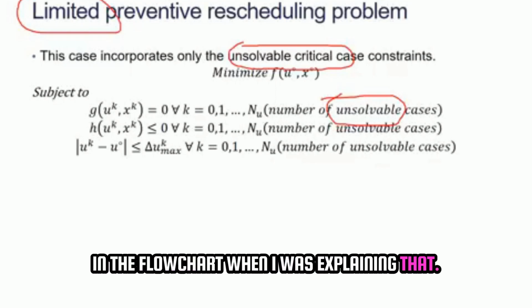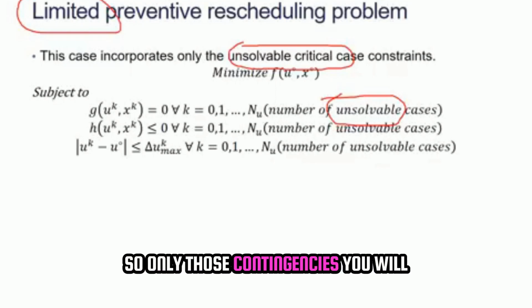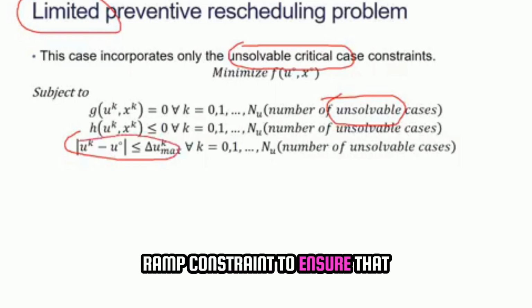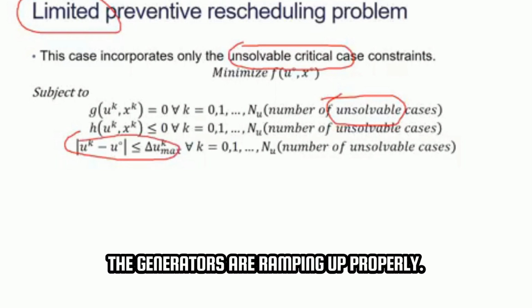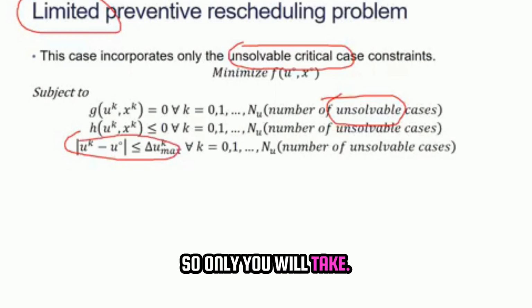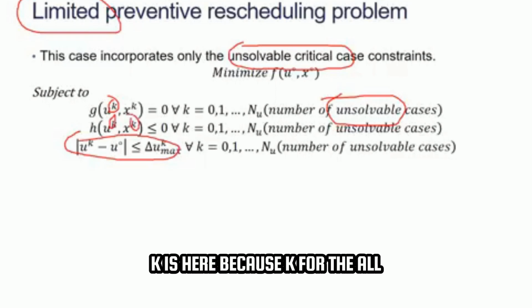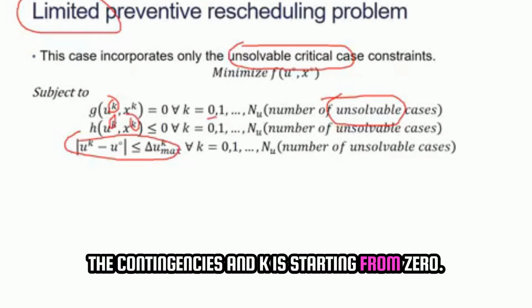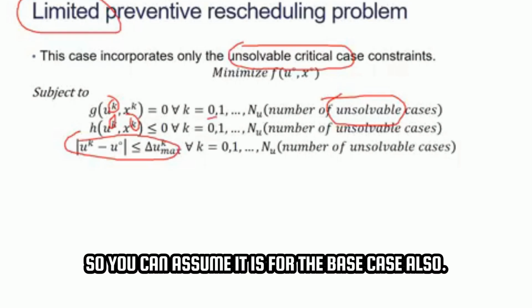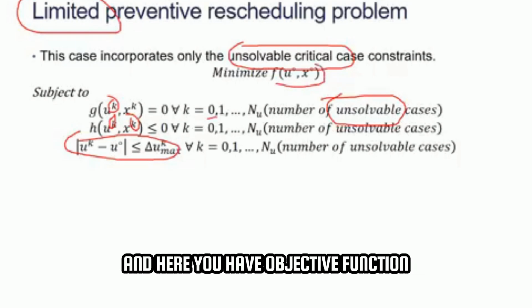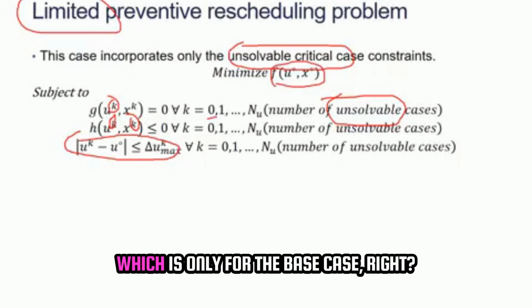Then you add this ramp constraint to ensure the generators are ramping properly. You can see here that K is for all the contingencies, and K starts from 0, so you can assume it is for the base case also. And here you have the objective function, which is only for the base case.